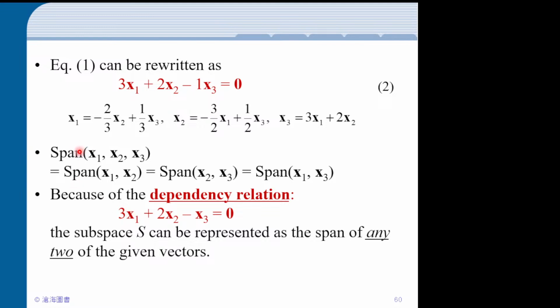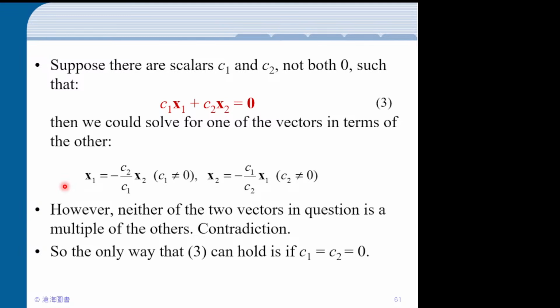We consider we have span of x1, x2, x3, and we get rid of x3, and now we have a span of x1, x2, right? So we now have a span of x1, x2, and we are thinking whether we can leave one of them out and still span the same space S.